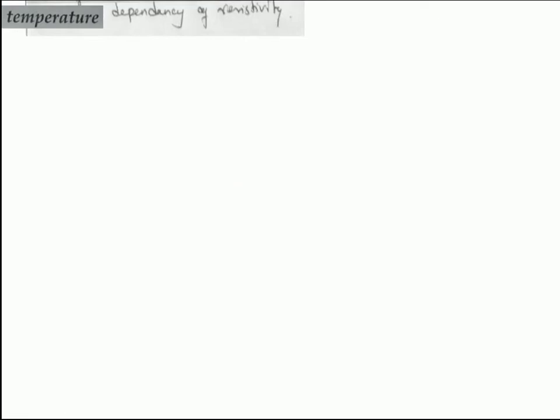Now next is temperature dependency of resistivity. As we all know, resistance depends on temperature, as resistivity also depends on temperature. Resistivity is independent of the shape and size of a conductor, but it depends on temperature.